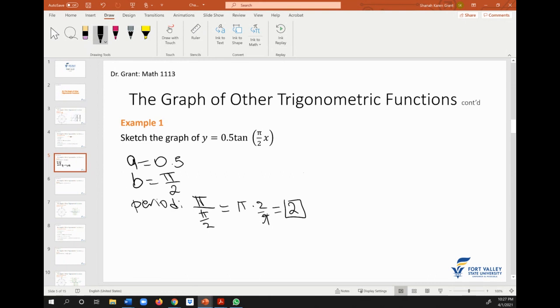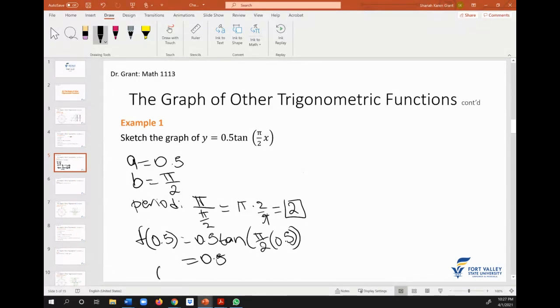Sometimes you want to evaluate a function at a point to kind of see where the graph is going to be. So we can evaluate it at 0.5. So that would be 0.5 tan of pi over 2 times 0.5. And if you plug this in your calculator, you'll get that this is equal to 0.5.